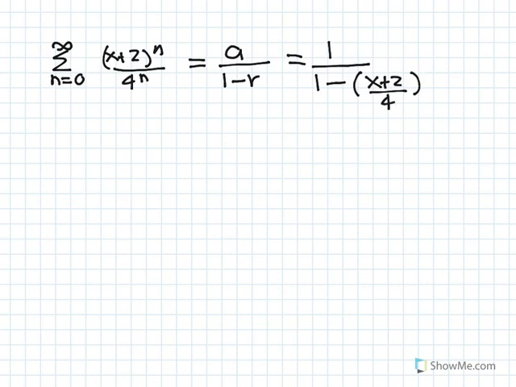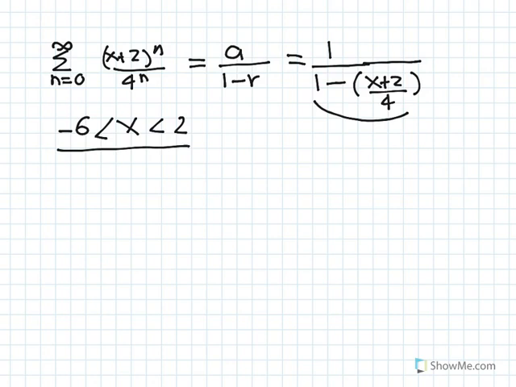Now, I need to stress this. This geometric series converges and has this sum only for these values of x, for x less than 2 and larger than minus 6. For all other values of x, this geometric series will diverge. But for these values of x, this geometric series converges.